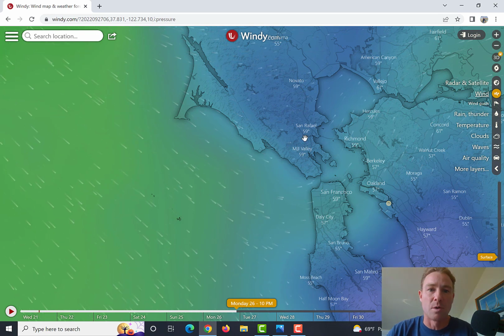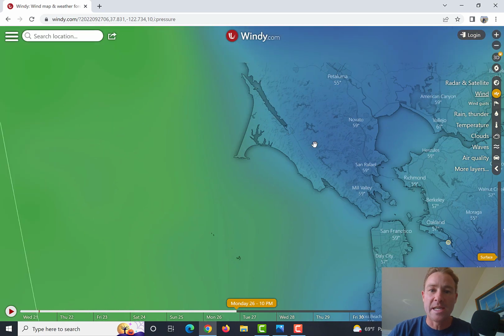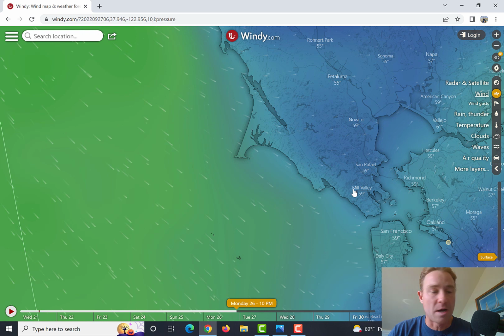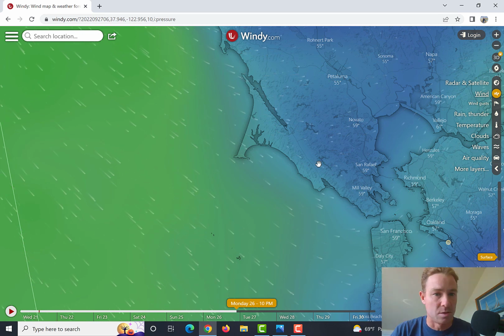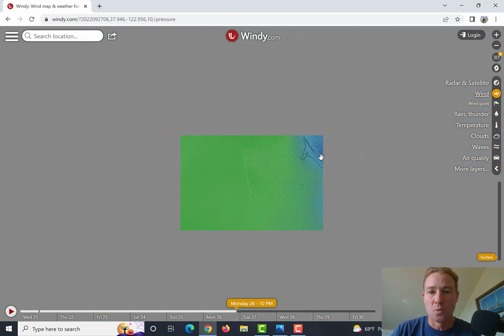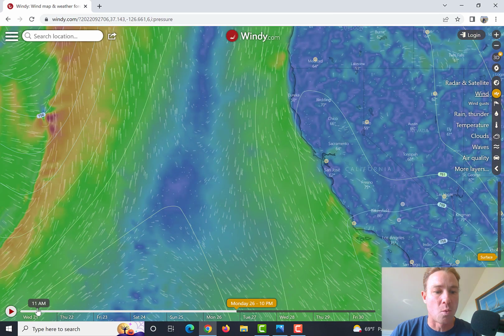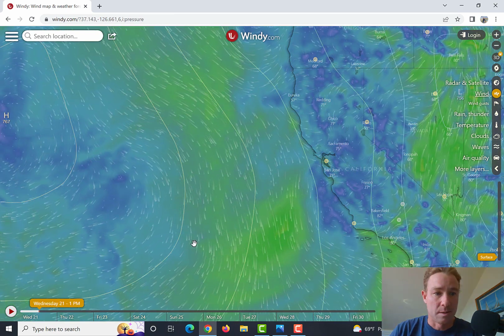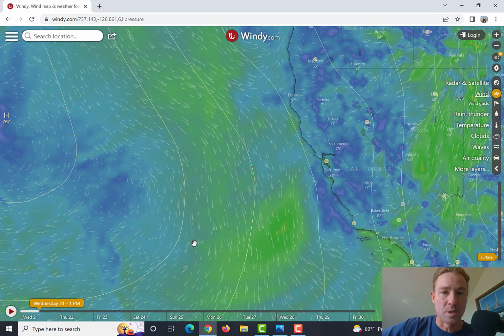And I'm like, well, why is that? Well, you get these little eddies that come around Point Reyes and the coastal mountain range that change the wind patterns. It doesn't change it in the view that we're seeing here, but once I started to understand this, I was like, oh, okay, now I get why it can be vastly different where I'm at than where it is at the beach, right?